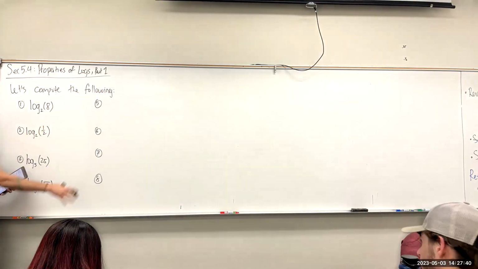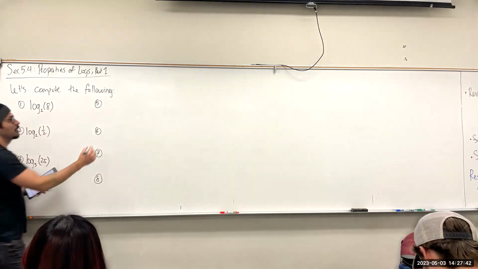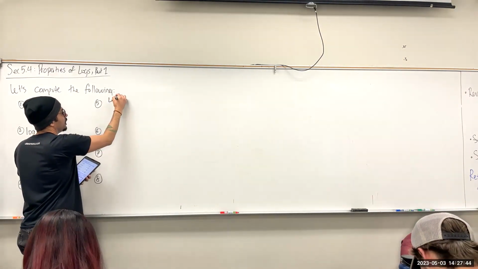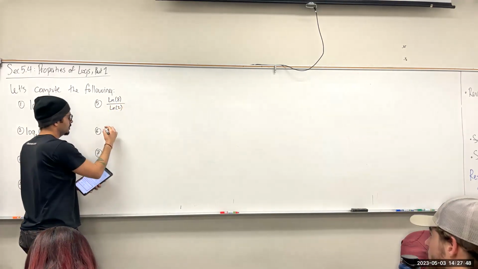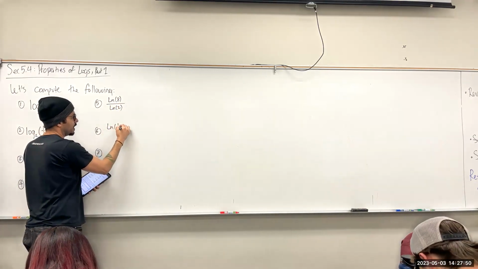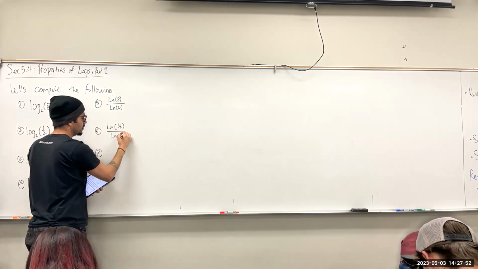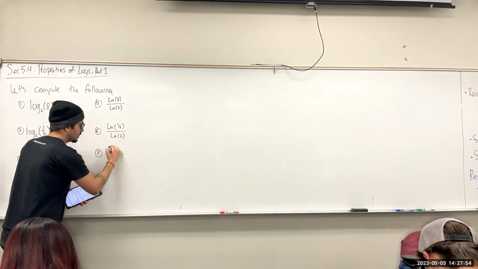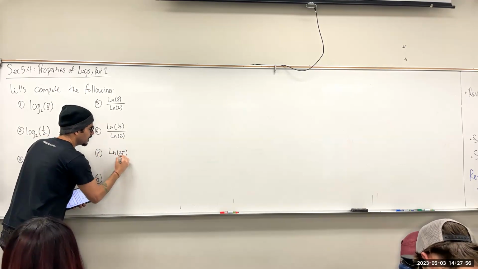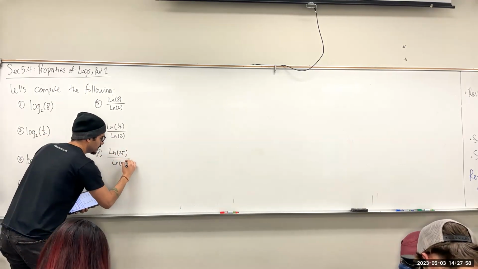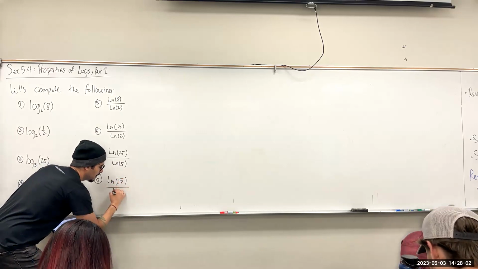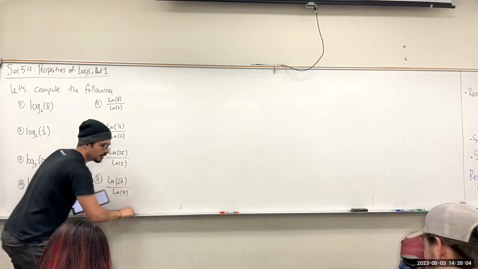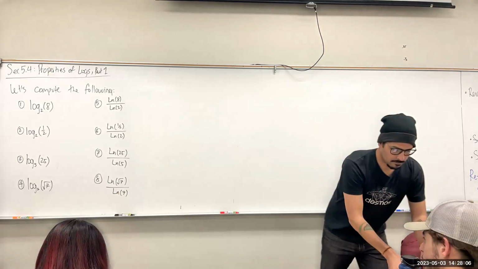And then on the second column, it's gonna be ln of 8 divided by ln of 2. And then ln of 1/2 divided by ln of 2. Ln of 25 divided by ln of 5. And then ln of root 7 divided by ln of 7. Copy that down real quick.